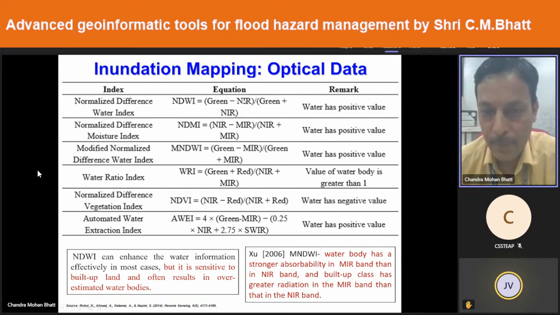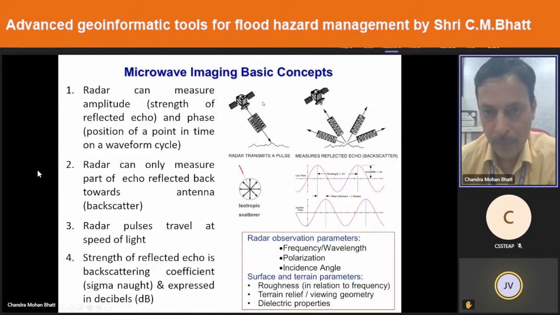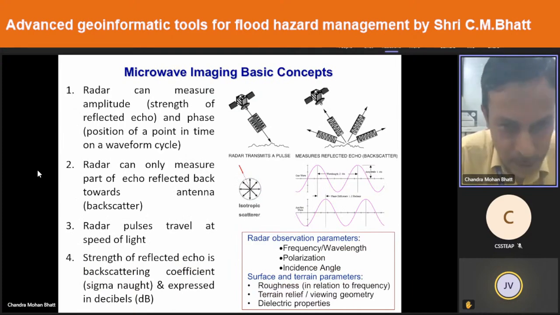It takes a ratio between the highest and the lowest, and you will have all the water bodies as positive values. So this index is used to map the flooded areas. That was from the optical data perspective.